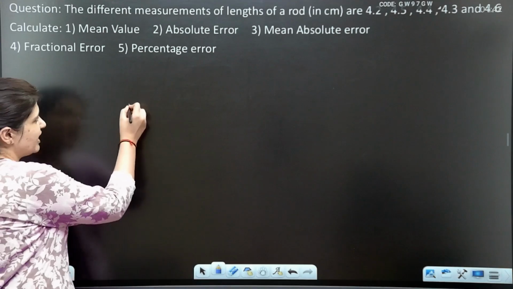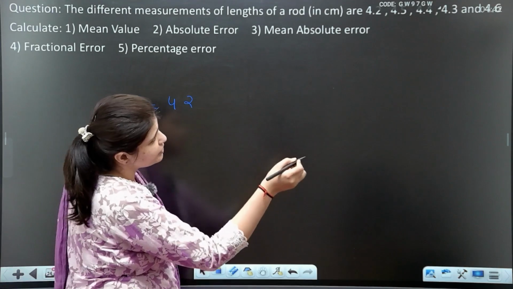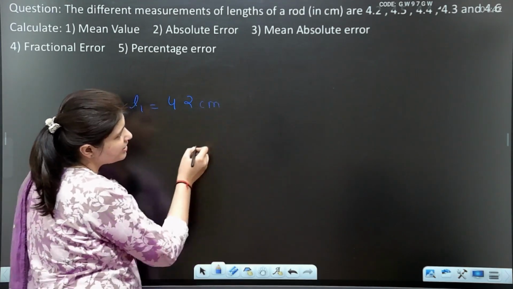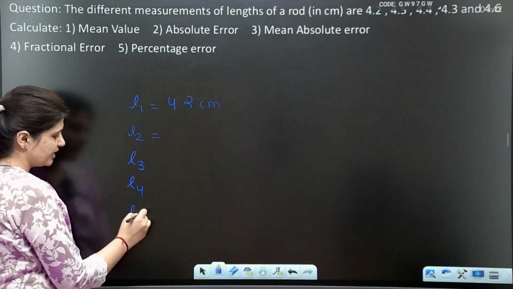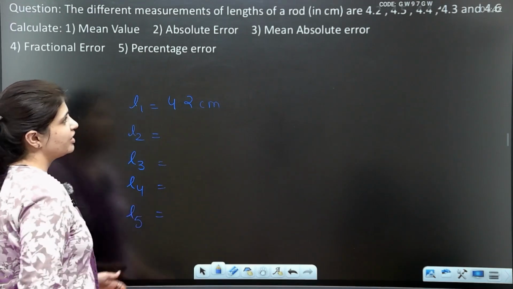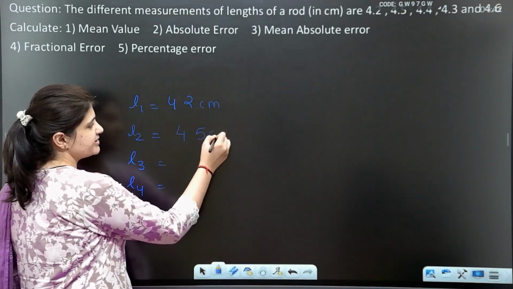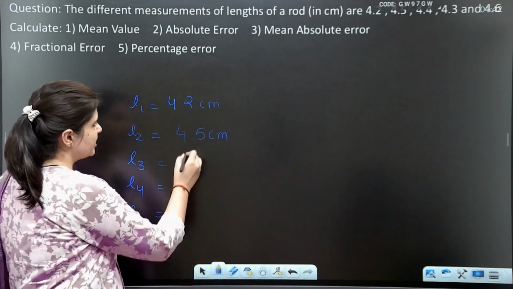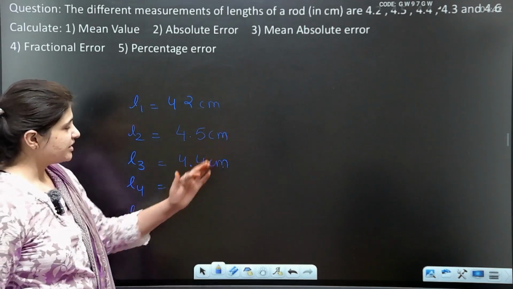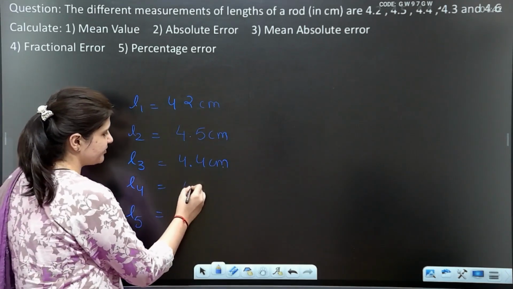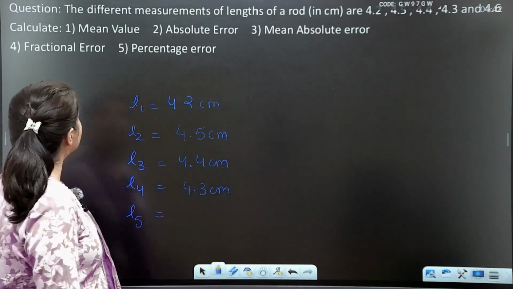L1 is 4.2 centimeter, L2 is 4.5 centimeter, L3 is 4.4 centimeter, L4 is 4.3 centimeter, and L5 is 4.6.